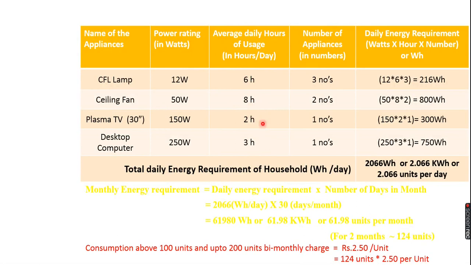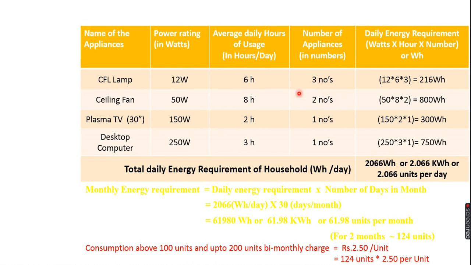And plasma TV is used for 2 hours per day, and desktop computer is used for 3 hours per day. This is the average daily hours of usage. And fourth column, number of appliances, that is quantity. For the first one, CFL lamp, a total of 3 numbers is used.